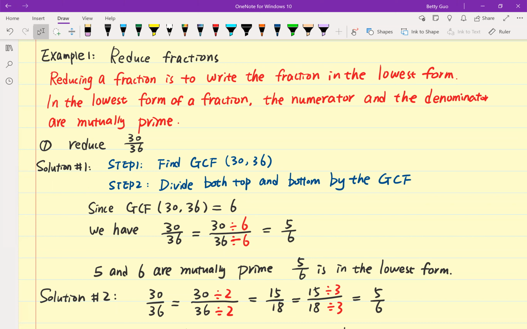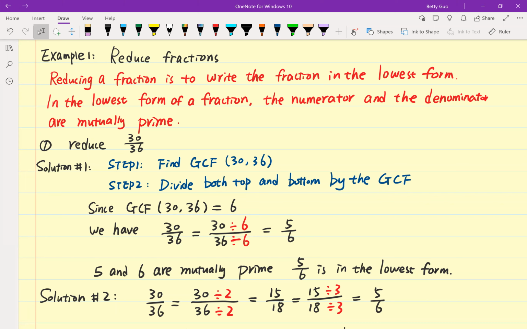If you have a fraction whose numerator and denominator are mutually prime, then the fraction is simplified, reduced, in the lowest form. Am I clear about the definition? So reducing a fraction means rewriting the fraction as its equivalent fraction in which numerator and denominator are mutually prime.